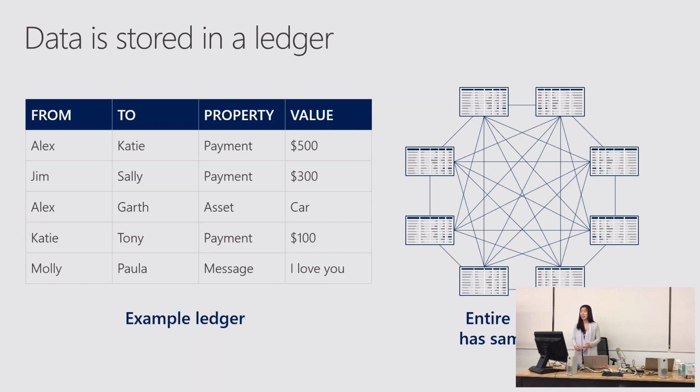Not only monetary value, but also digital assets. Anything that can be represented digitally can be stored on a ledger. For example, in this one there's a car. You can put computer information, like your phone information. You can send messages, you can send agreements. Anything you can represent digitally can be stored in this ledger. And once again, to reinforce, the entire network has the same ledger.